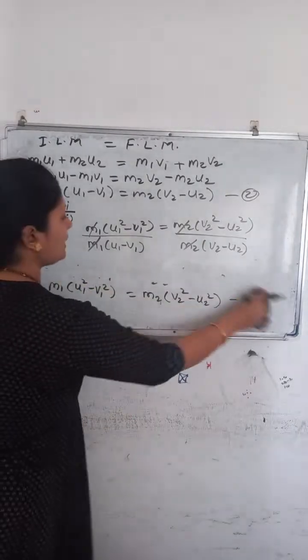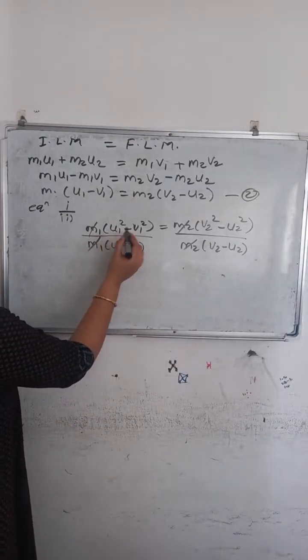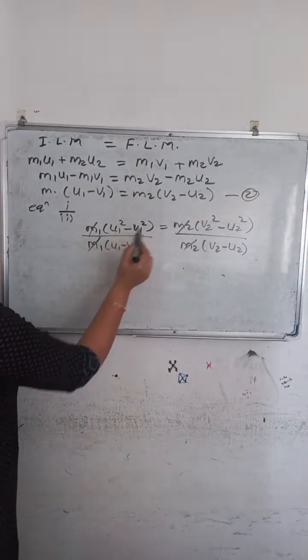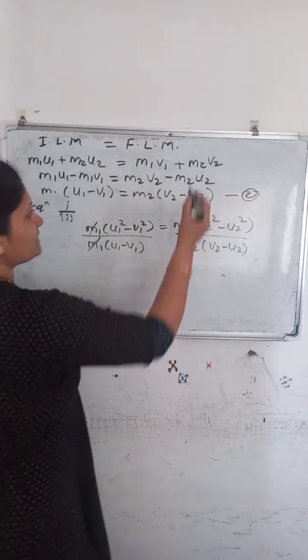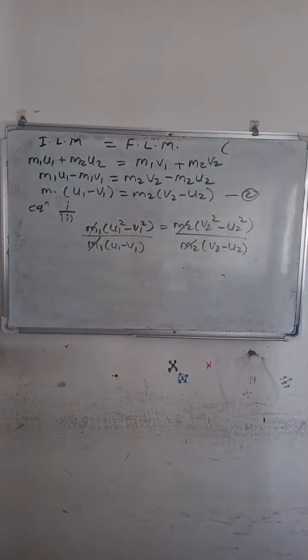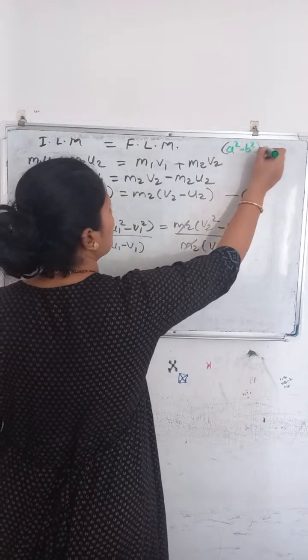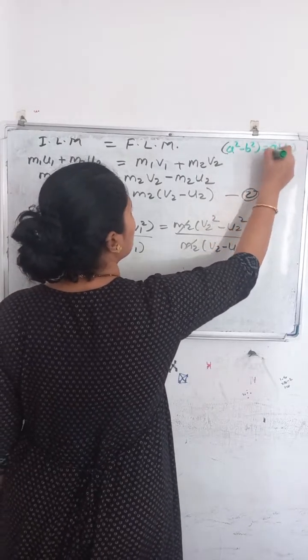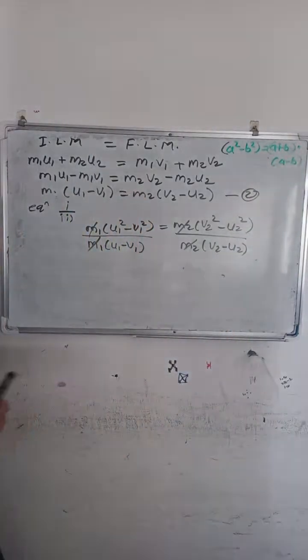This is nothing but the expansion of a square minus b square, that is a plus b into a minus b. This identity I hope you learned in the 9th and 10th standard. We have a square minus b square is equal to a plus b into a minus b.